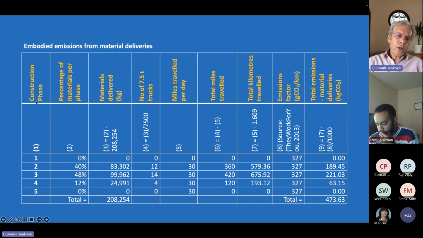We have construction phases, and then for each construction phase I assigned the percentage of materials delivered.